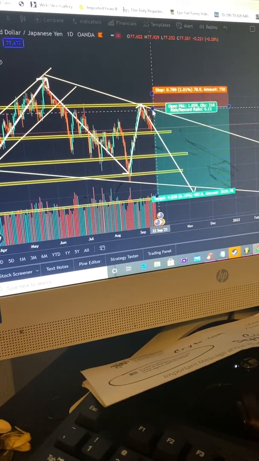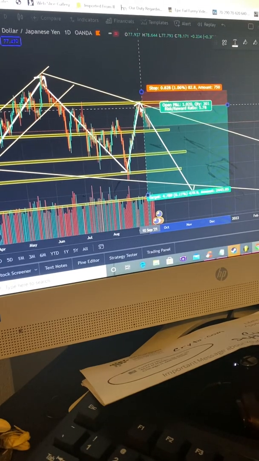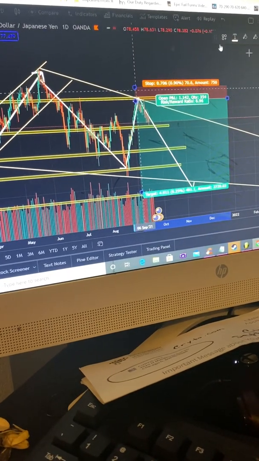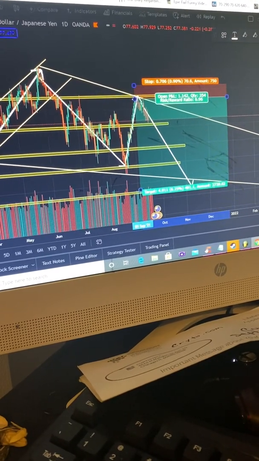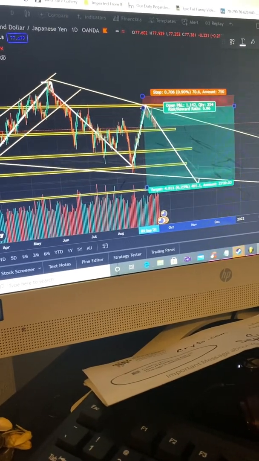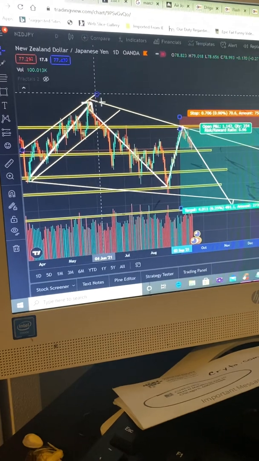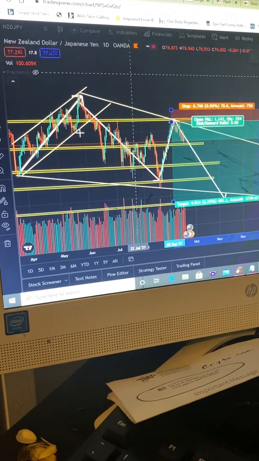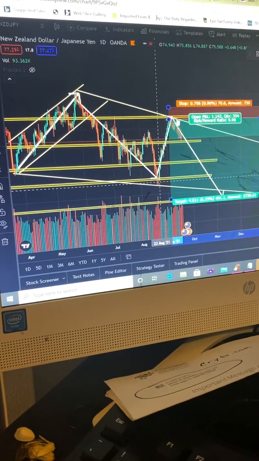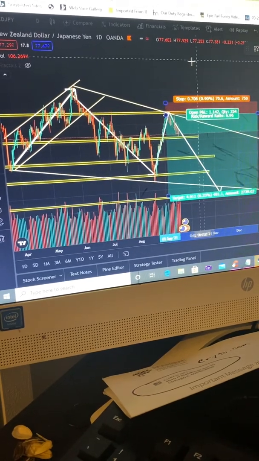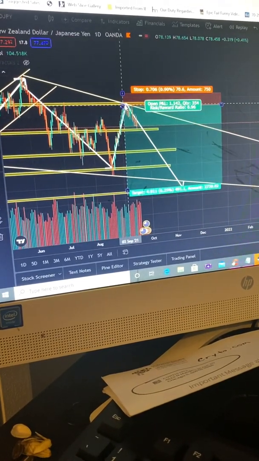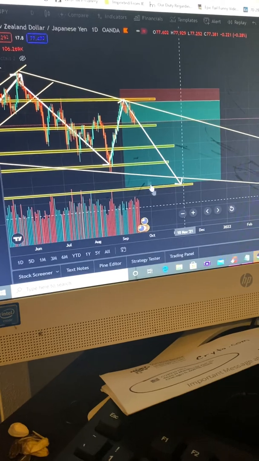It's on a descending triangle. It broke out of this, and it's been making lower lows. It came down here, came back up to this area, and bloop, it's going to plummet.